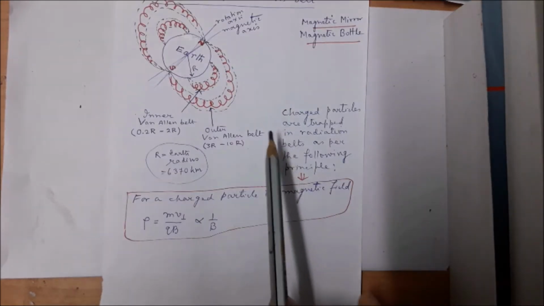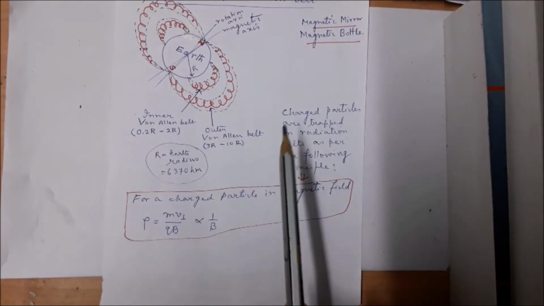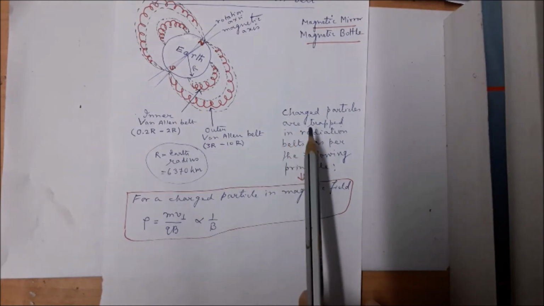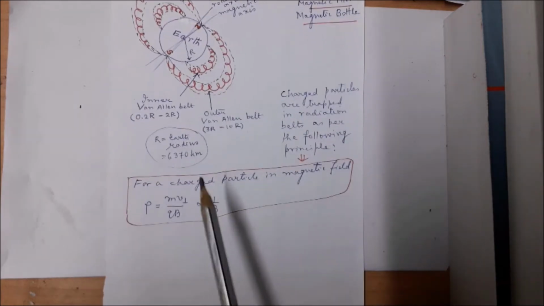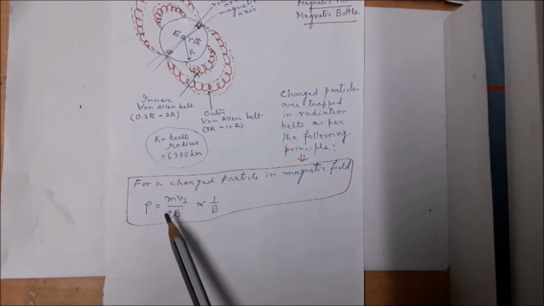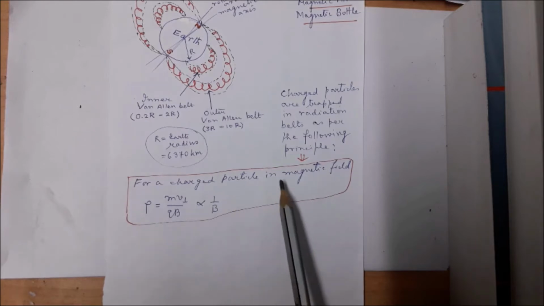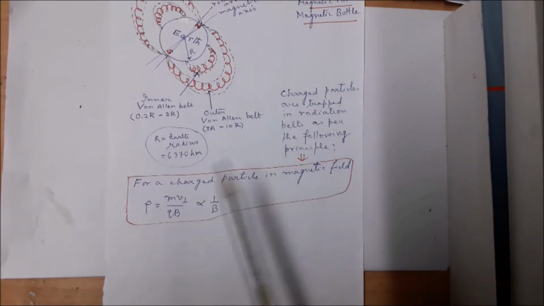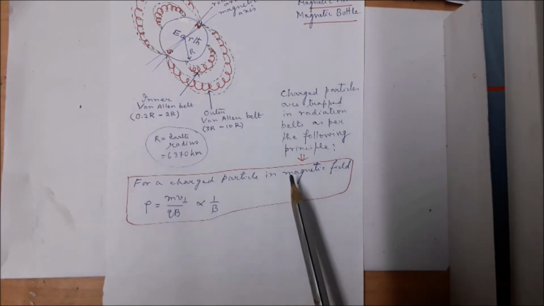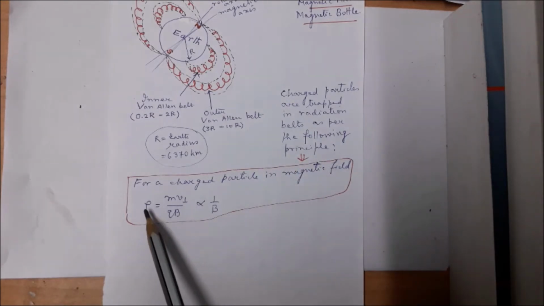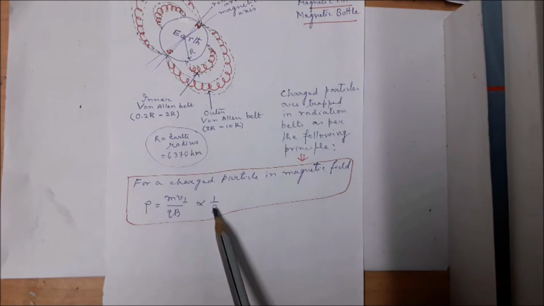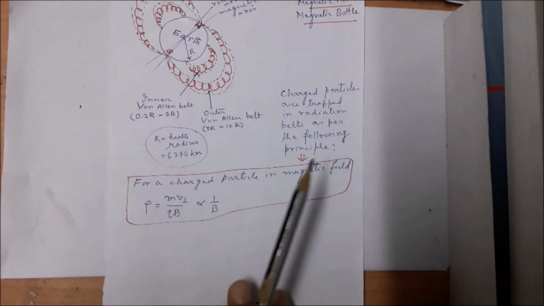The trapping can be explained if we study the behavior of charged particles in a magnetic field, and also if we take care of the radius described by a charged particle moving in a helix in a magnetic field when it enters obliquely. And very importantly, the radius is inversely proportional to the magnetic field. Now let us explain these things.